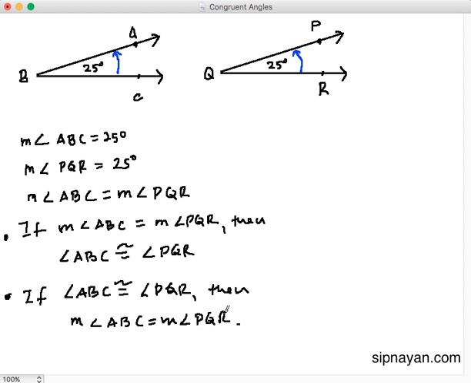So nakikita niyo yung pagkakaiba dito, sabi niya, pag pareho sila ng sukat, congruent sila. Also, pag congruent sila, pareho sila ng sukat. Automatic yun. So yun yung if and only if statement. No? So if P then Q, at ito naman if Q then P. Yung symbol na ito, na-introduce na natin yan dun sa congruent segments, sabi niyan ay congruent.